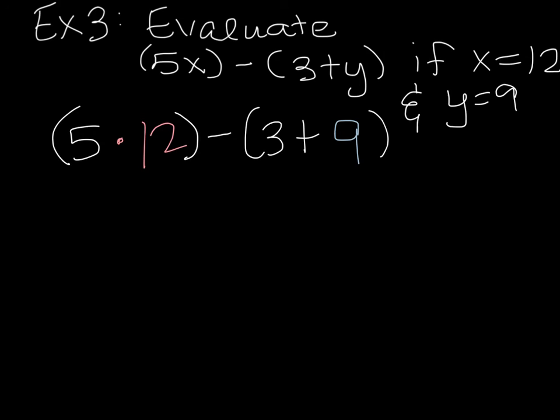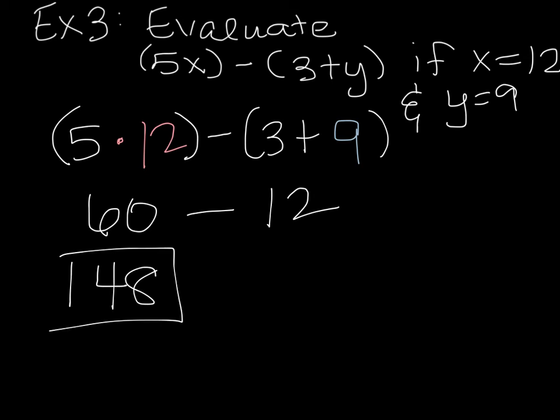And so I can just actually solve both sets independently in the same line. So 5 times 12 is 60. Bring the subtraction down, and then 3 plus 9 is 12. Now I have 60 minus 12, which is 48, which is my final solution.